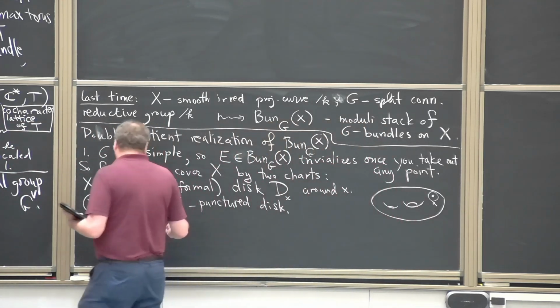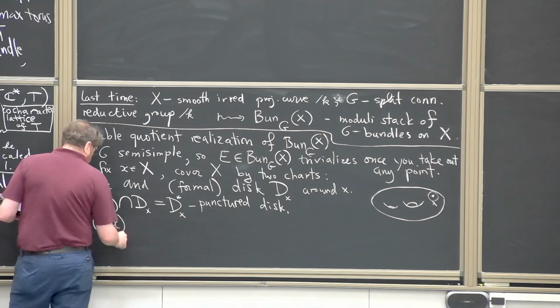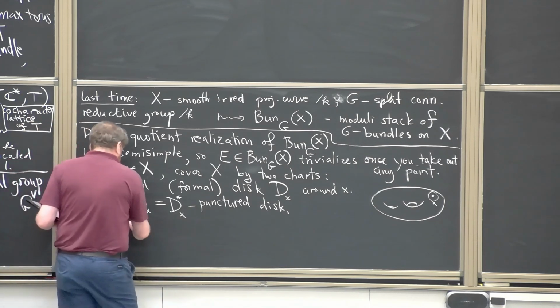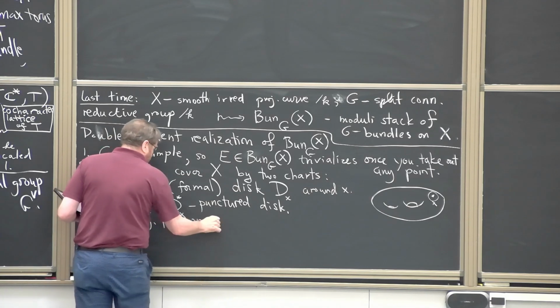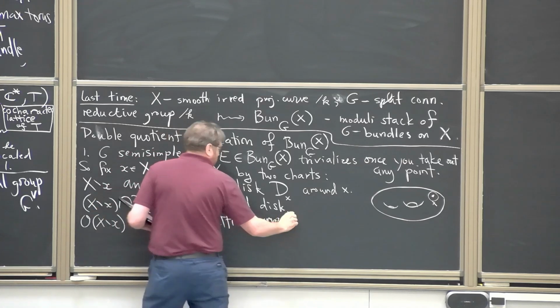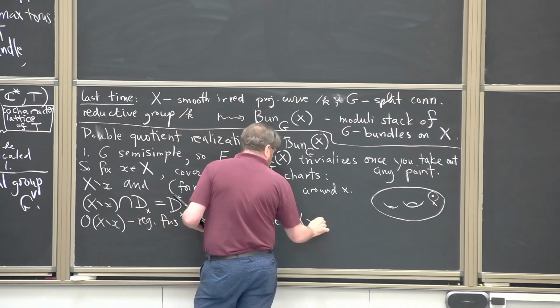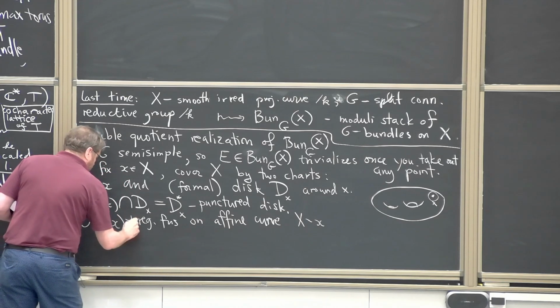So functions on the first set, O of x minus x, this is clear. This is just regular functions on this affine curve X minus x. And I'm going to denote this by R.